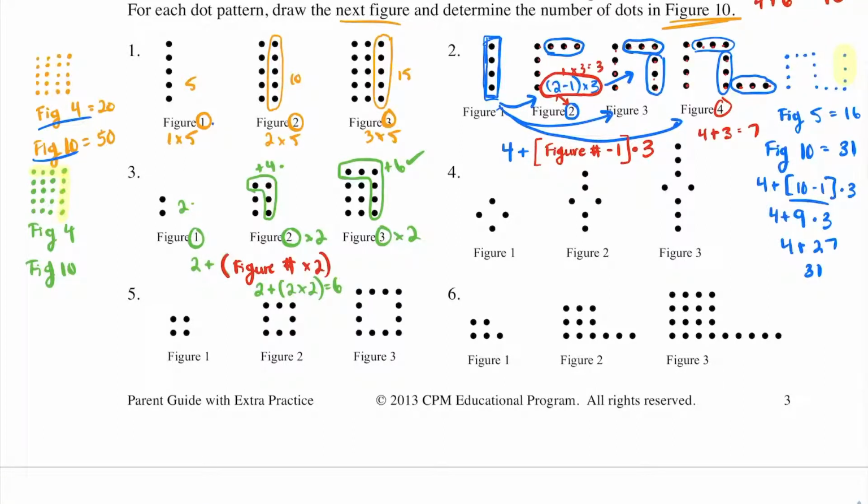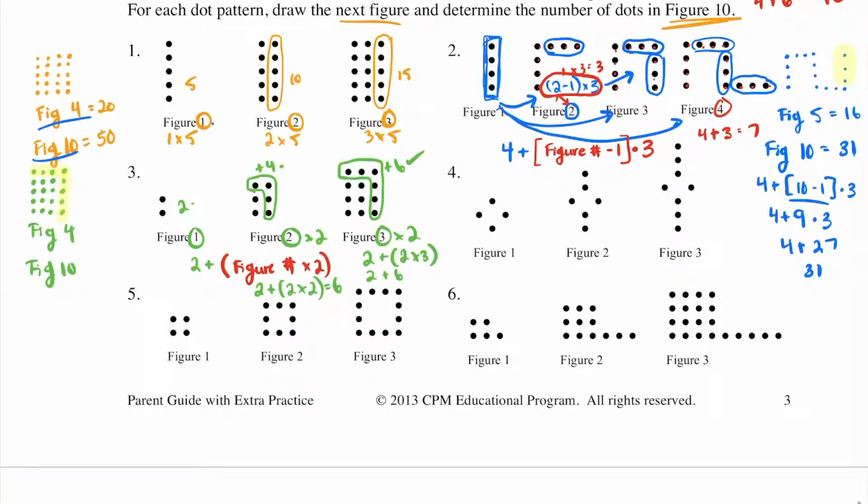So let's try the next one. So 2 plus 2 times 3.